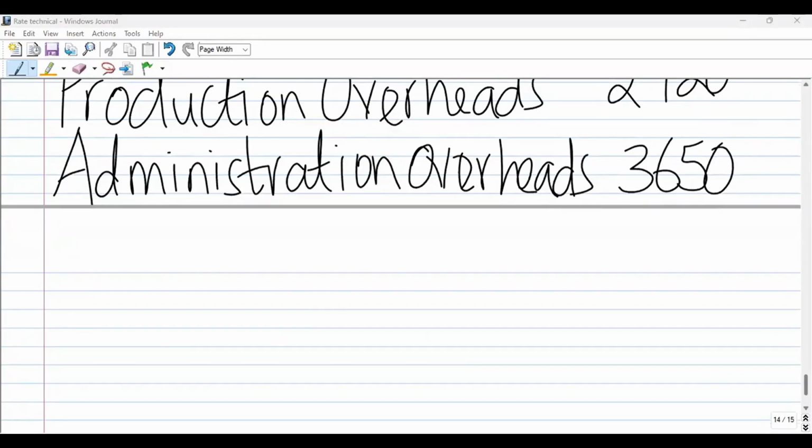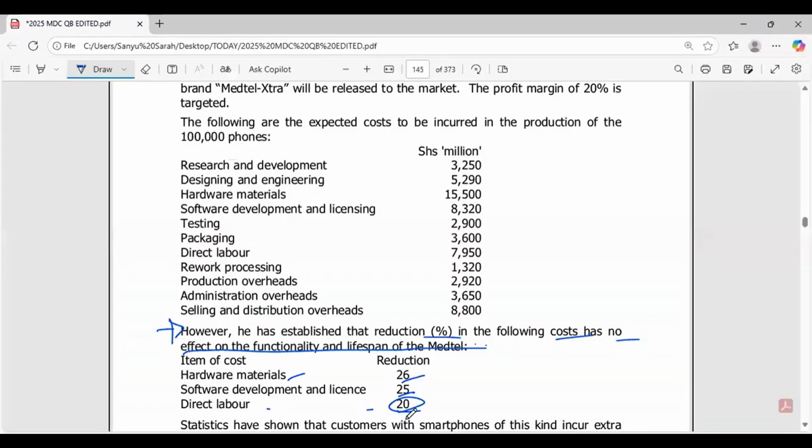Someone is asking, is testing part of production? But they have told you the following costs are incurred. That's what the examiner is telling you. The following are the expected costs to be in the production of the 100,000 phones. So we cannot eliminate it.